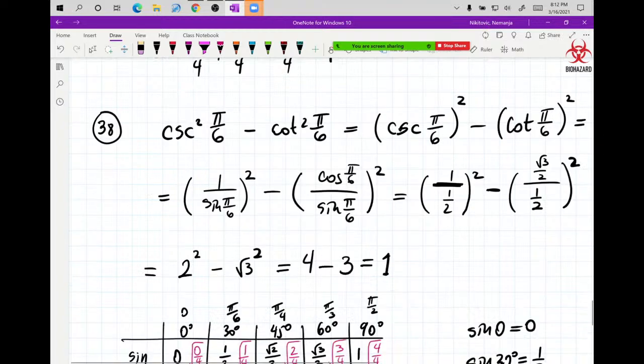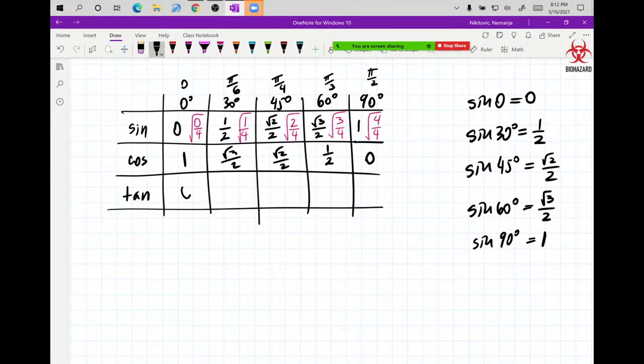So going back to my chart, 0 divided by 1 is 0. These guys will cancel the 2, and when you rationalize, you get root 3 over 3. Root 2 over 2 divided by itself is 1. This one will be root 3, and this one is undefined because, as you will see, you have a vertical asymptote there. Once we start graphing, you can't divide by 0, so 1 divided by 0 is undefined, and there will be a vertical asymptote at that location.